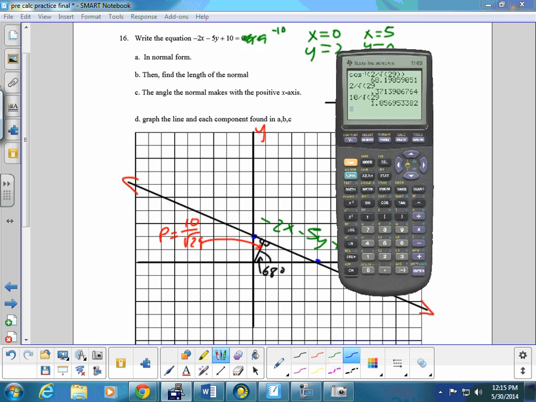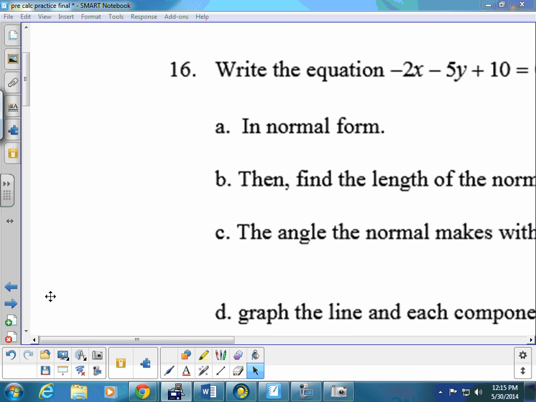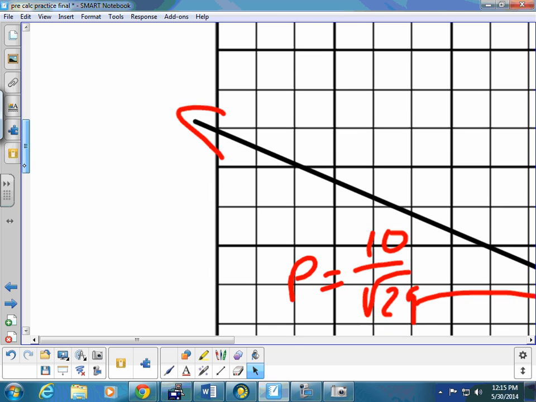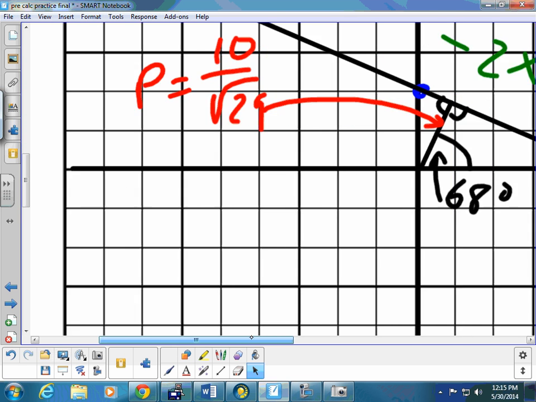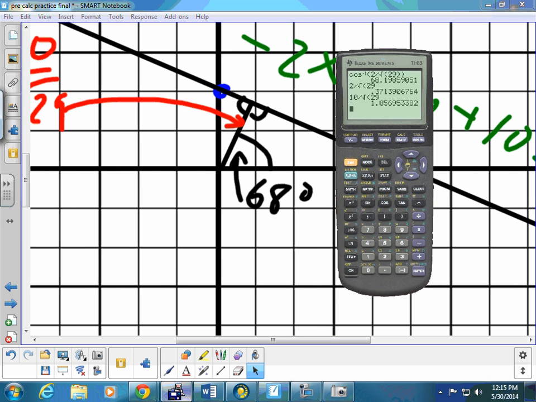If I zoom in to this point, it should be about 1.85 units long.